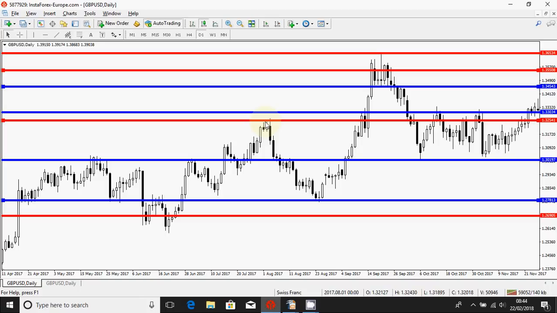So how do you wait for this confirmation? There are several different indicators you can use: MACD, RSI, CCI, and candlestick formations that can be used to confirm a reversal in this market.